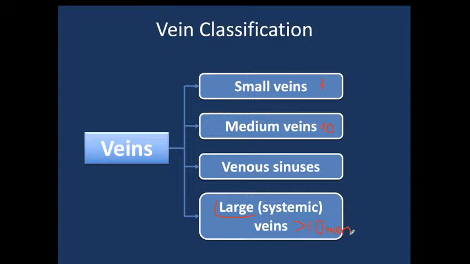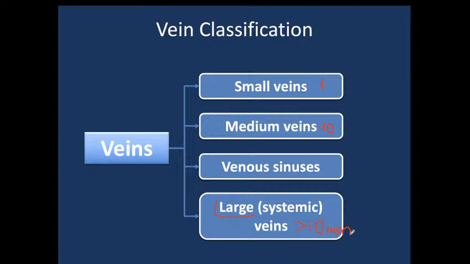These large veins have some smooth muscles in all three tunics, or three layers of the wall. They have a relatively thin tunica media with only a moderate amount of smooth muscles.